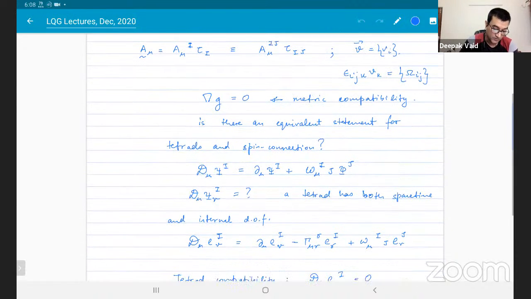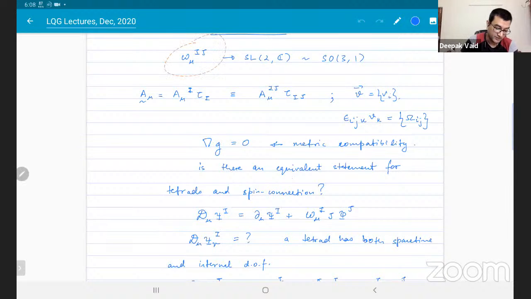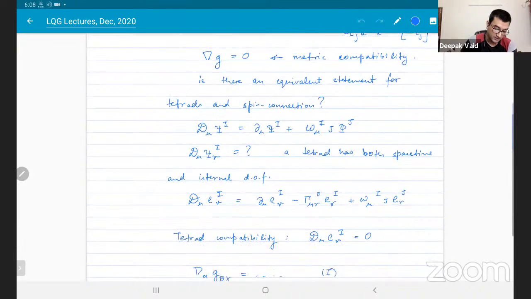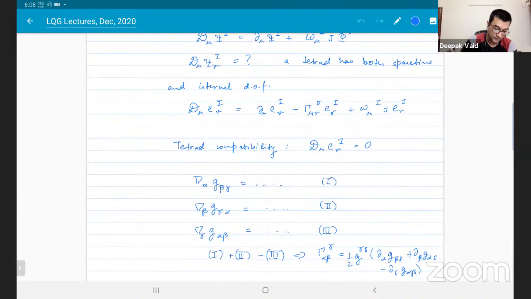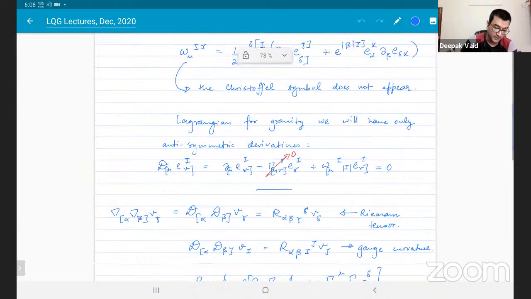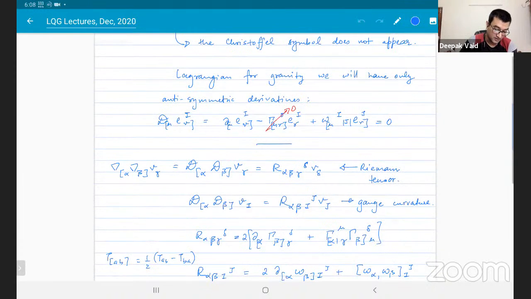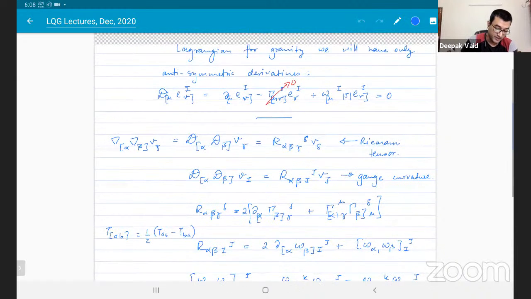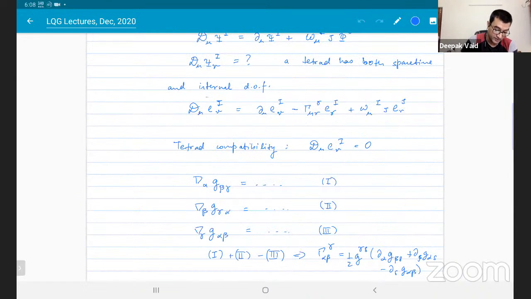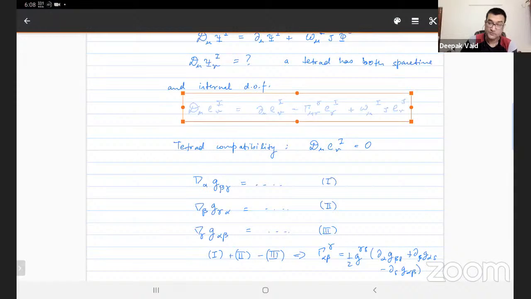Then we have this omega spin connection, which is an SL(2,C) connection. And we saw that we can solve for this spin connection entirely in terms of the tetrad. Then we can define a generalized covariant derivative, which acts both on spatial indices and on these internal indices.